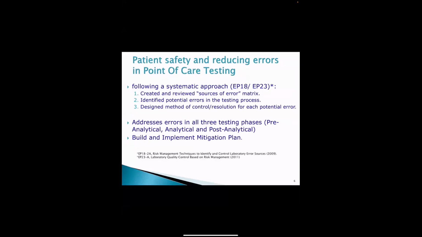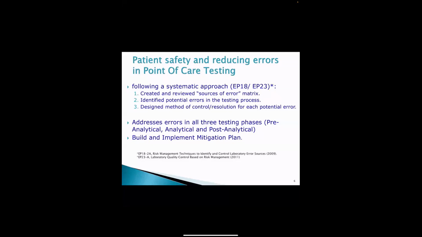So why is reducing error important for patient safety? When it comes to patient safety and reducing errors in point of care testing, it's important to follow a comprehensive, systematic approach. This includes creating and reviewing a list of sources of errors, and identifying the potential errors in the testing process, which includes all phases of testing: pre-analytical, analytical, and post-analytical.